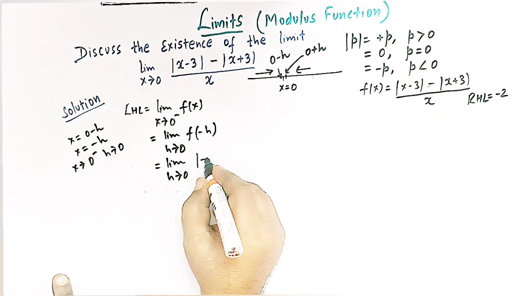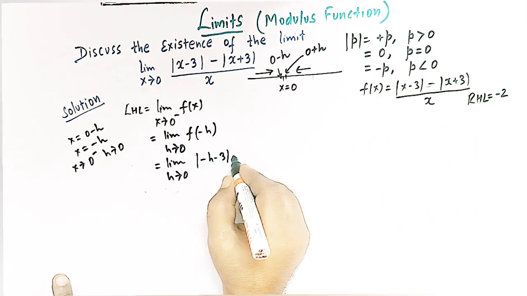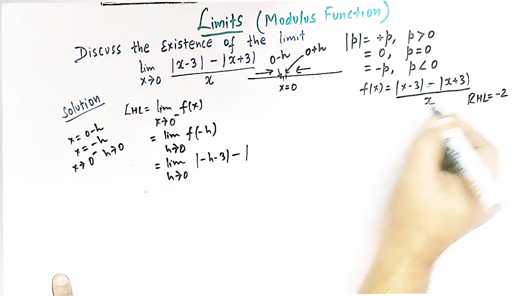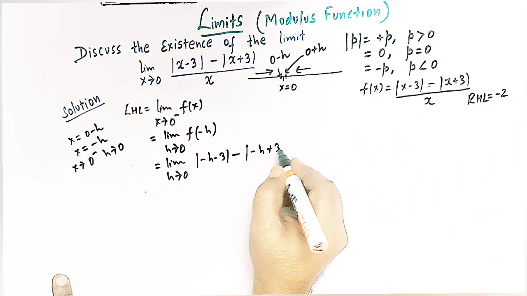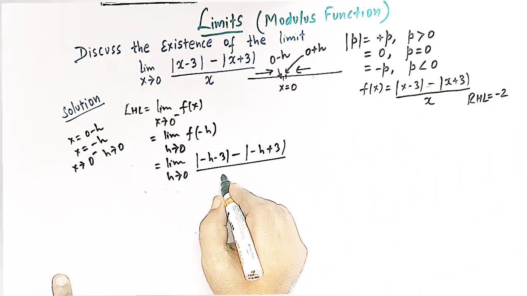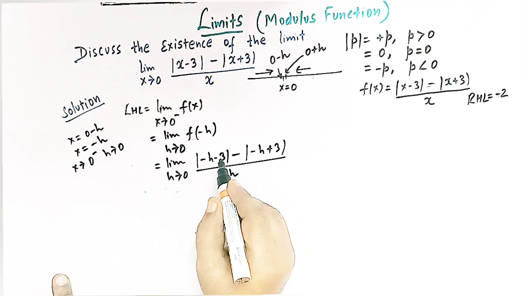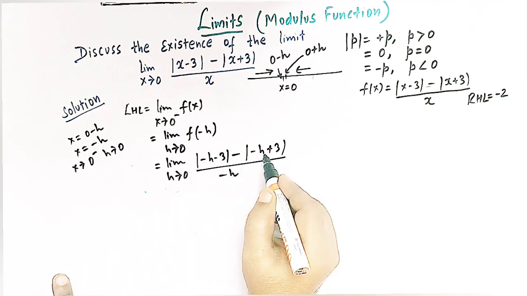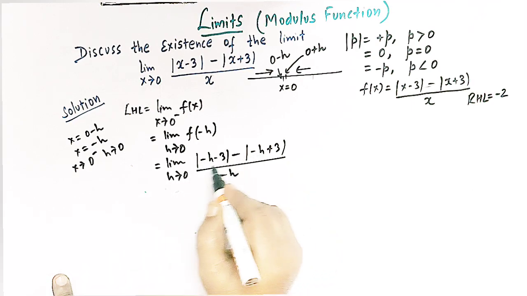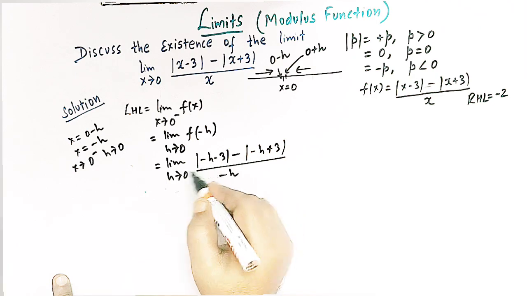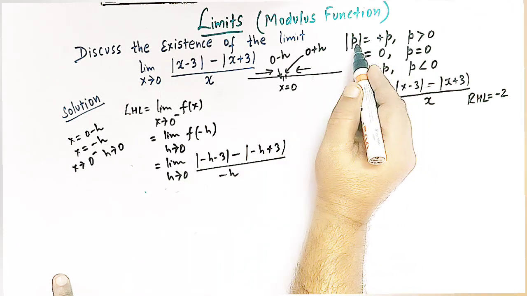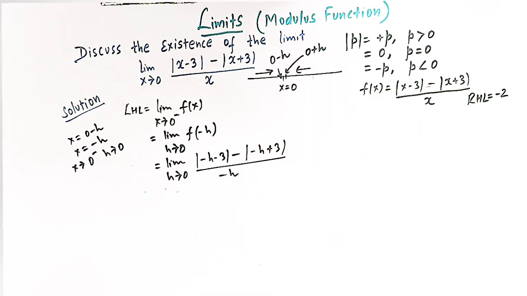So we have mod of minus h minus 3 minus mod of minus h plus 3, divided by minus h. Now again we have to take care of these two terms, that is the mod functions. So again we'll make use of this definition of mod function.